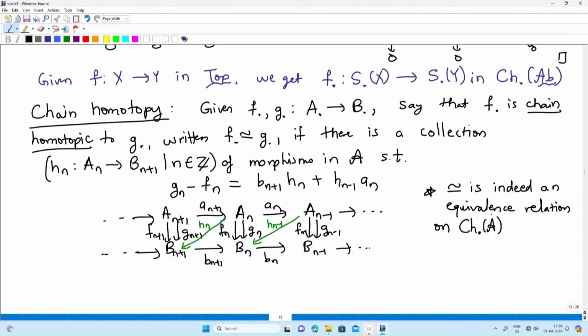This is our category, and then I have A dot, B dot. You can verify that. I think I convinced you that it is this. In fact, it is a congruence relation.